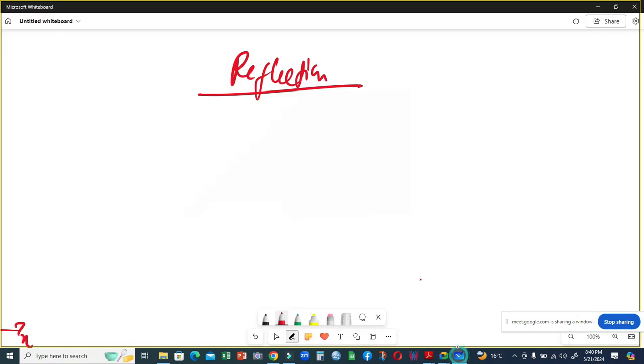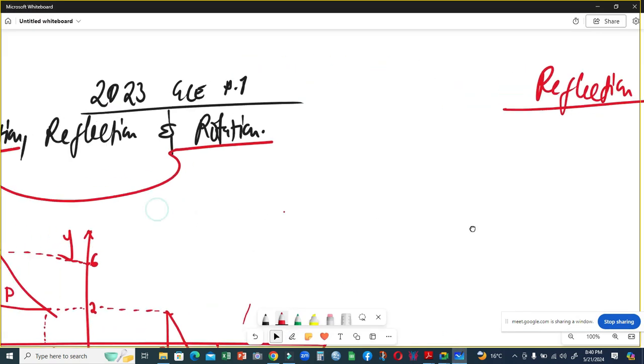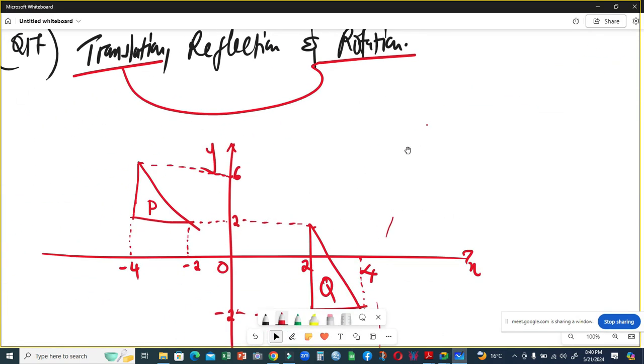And by the way, these three types of transformation have one similar feature: they map an object to its image while maintaining the size of the shape. The size of the shape remains the same.